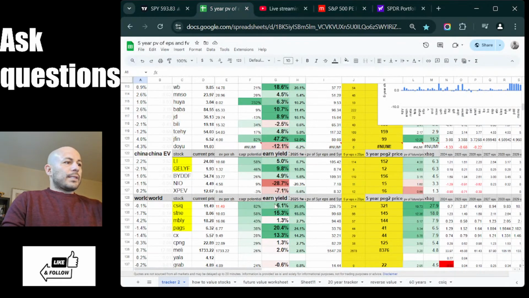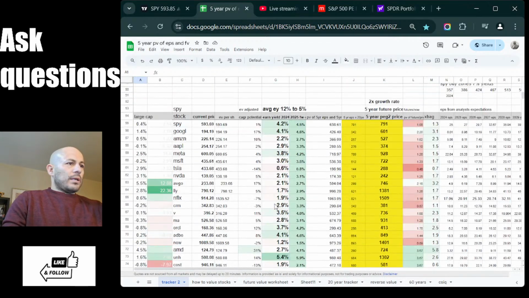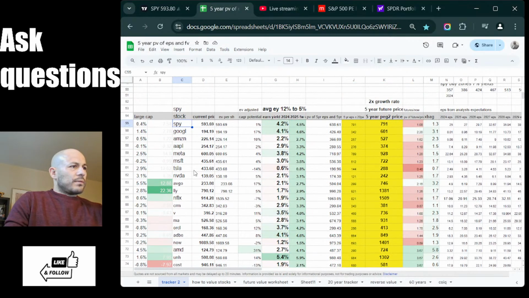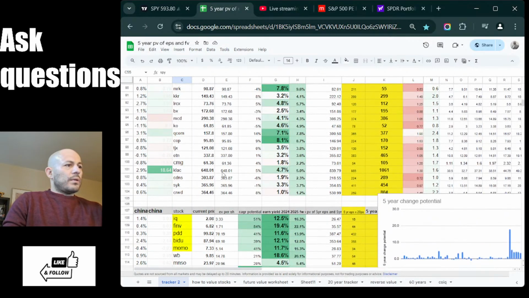So if we go to my list, I have not only the S&P 500, not only the Mag 7, which is Microsoft, Meta, Apple, Amazon, Google, Tesla, Nvidia, but I also have, what is this? 54, the top 50 growth stocks, which is typically the largest growth stocks. That doesn't mean they're the best.